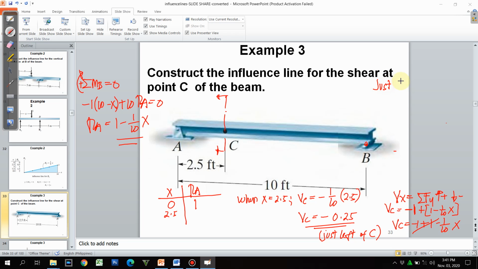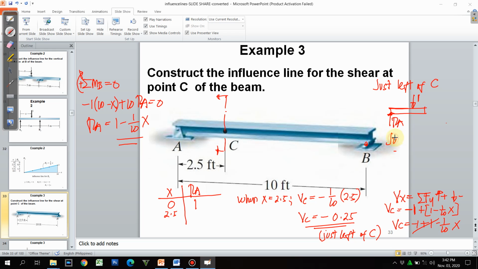You just have a section that is just left of C. It's your RA. Your 1 here is still within the section, meaning 1 here is included in your equation.